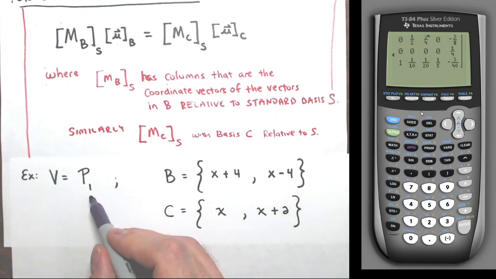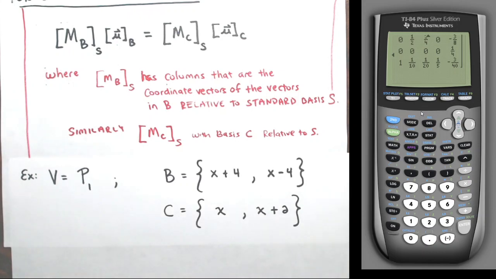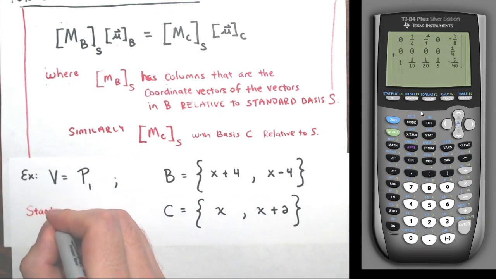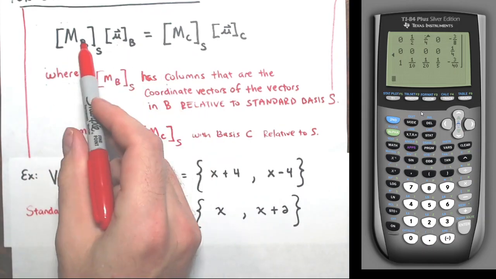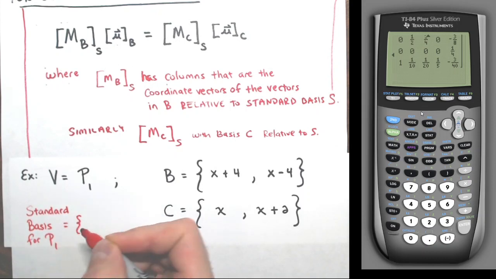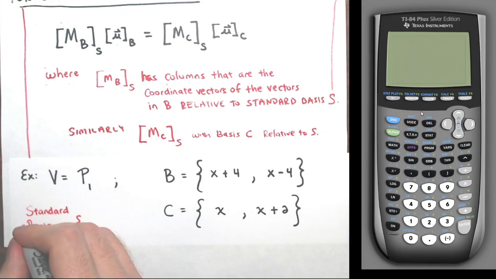Remember, this is the set of all polynomials of degree 1 or less. Now, when I'm working with a vector space that's not Euclidean, I'm going to write up the standard basis for that space and use it to make these matrices. The standard basis for P1, the set of all polynomials of degree 1 or less, I'm calling S for standard.